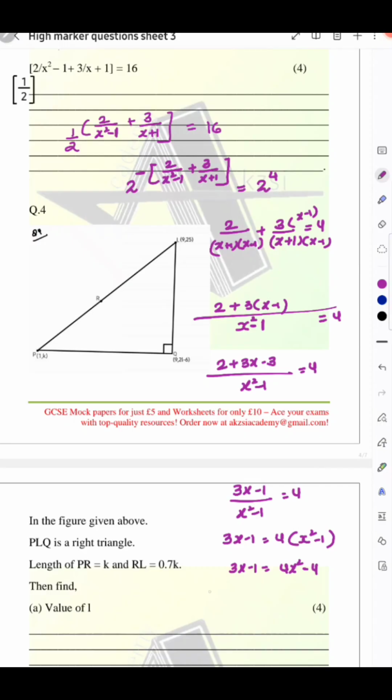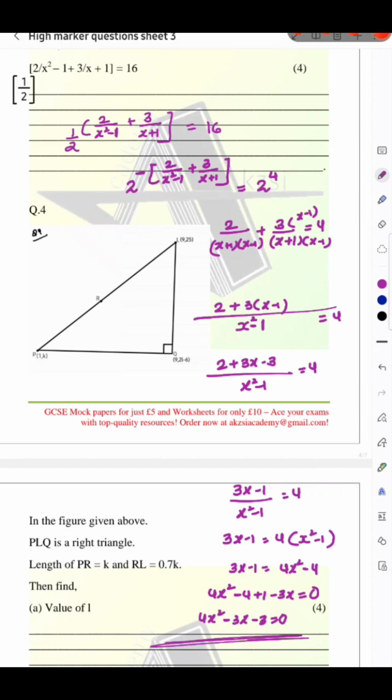So this would give me 4x squared minus 4 plus 1 minus 3x equals 0. And this would be 4x squared minus 3x minus 3 is equal to 0. So this is basically the required quadratic equation, and now we can solve it.